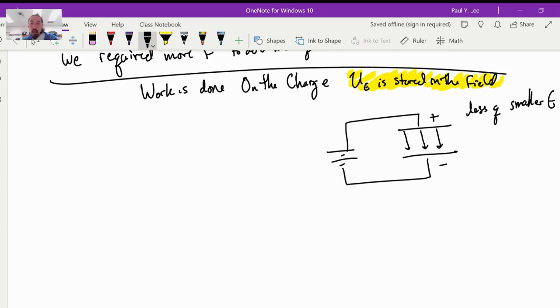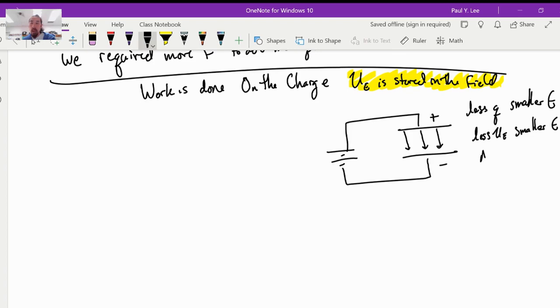This makes sense because there's not enough charge there to produce a big amount of field, so it's pretty small. Using this idea, we can reword this: if there is a smaller E field, that means there is less potential energy. And this should also make sense, right? The more we charge a capacitor, the bigger the potential energy stored in the capacitor.